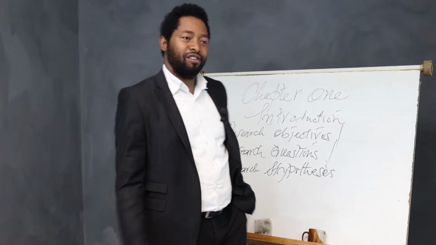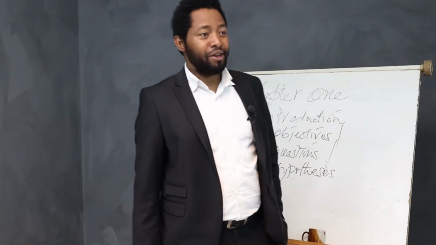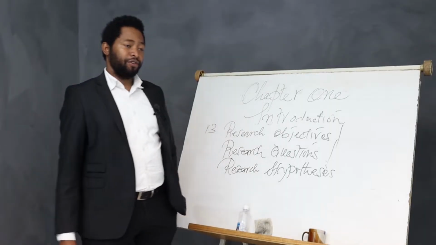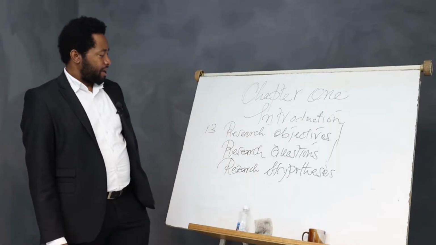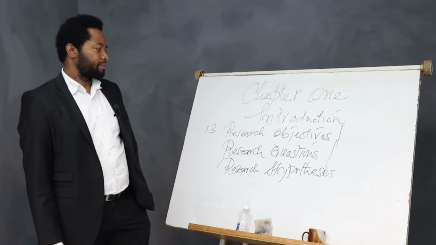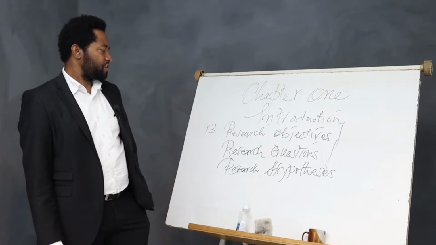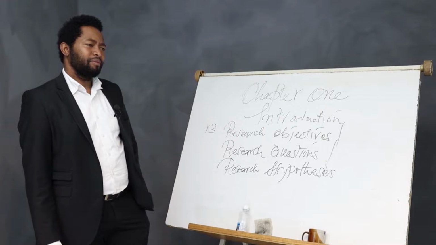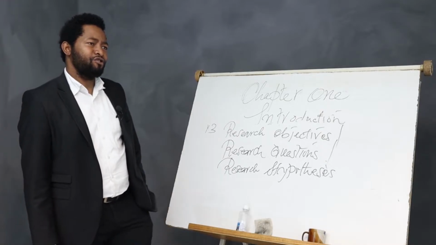You may treat them as 1.3, or you may give them the title depending on how you may be guided by respective institutions and organizations. How do you state your research objectives? This is very tricky.